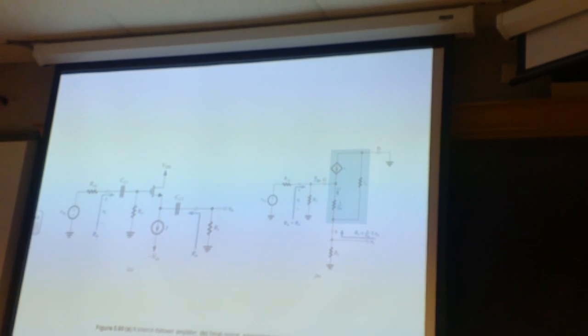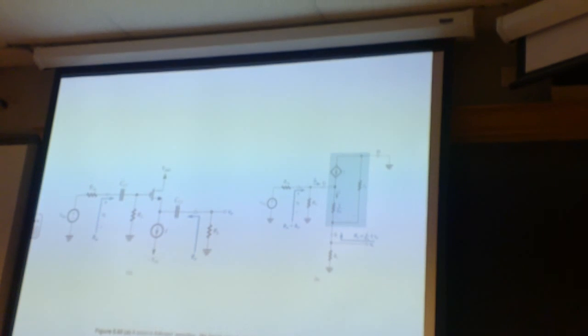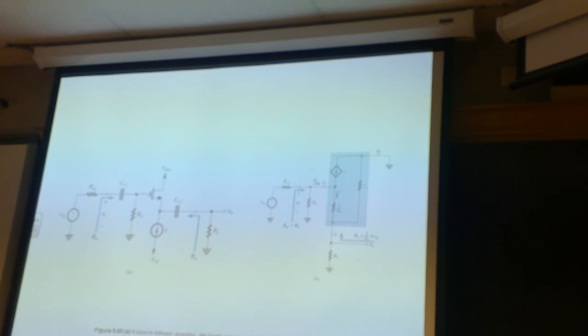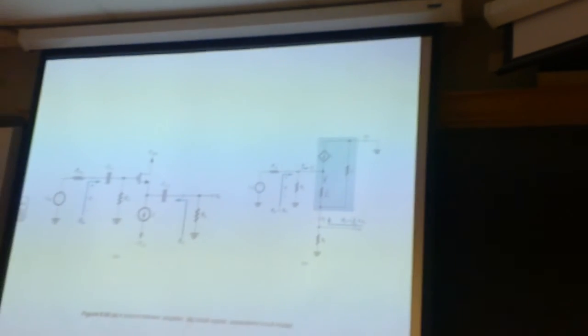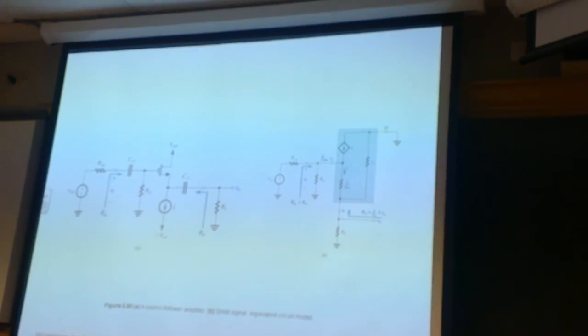I get that. So the voltage at the gate is 0 when Vsig is 0. Okay, yeah, sure. So gate is ground, and looking from the source, you see 1 over GM, and the drain is ground, so you see 1 over GM.